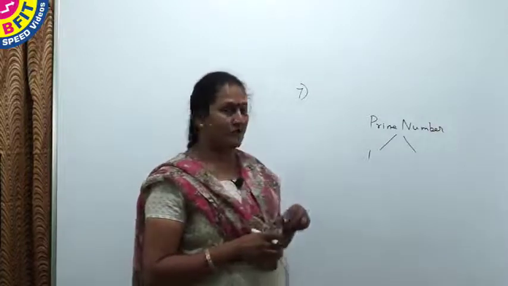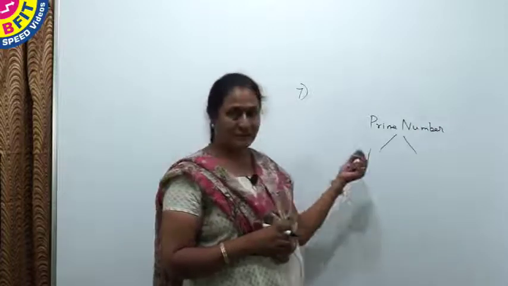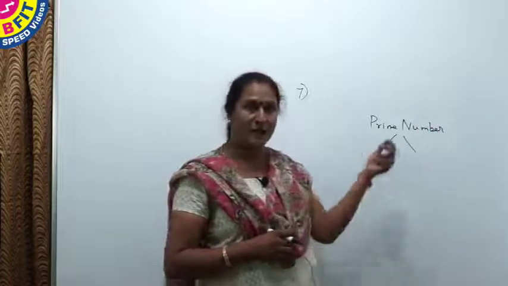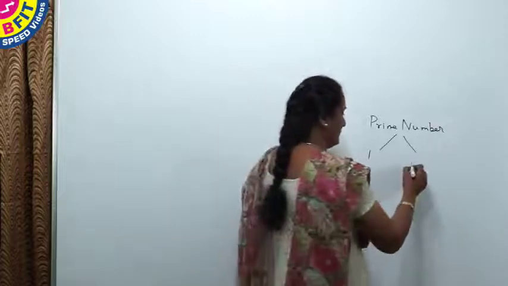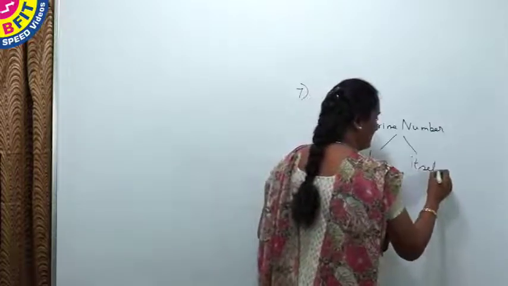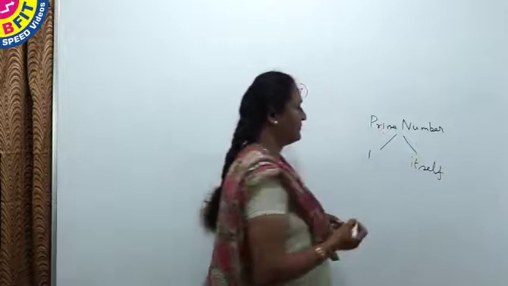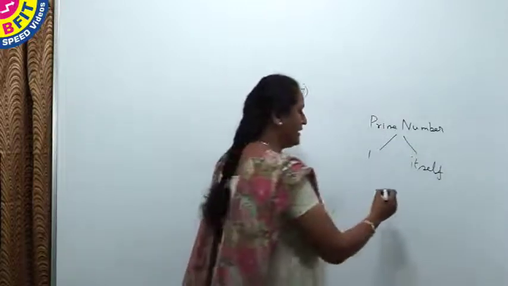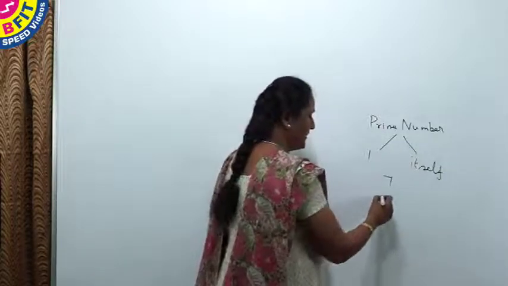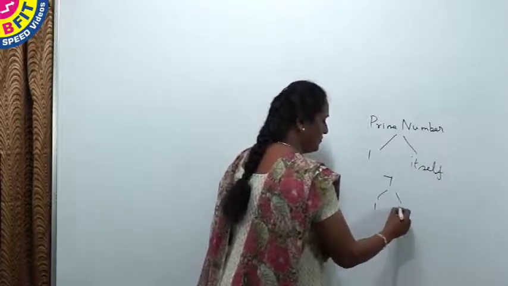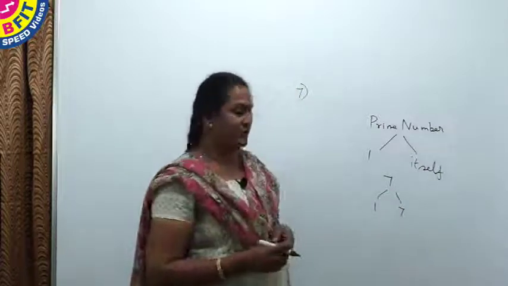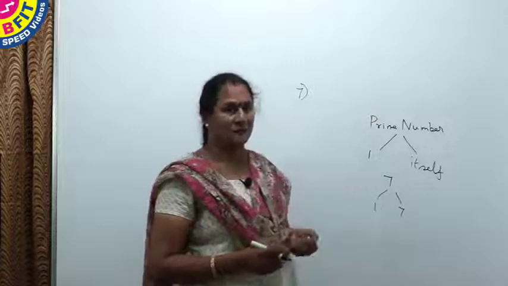The two factors are 1 and the number itself. Say for example, when you take 7, the factors of 7 are 1 and 7 itself. So 7 is a prime number.